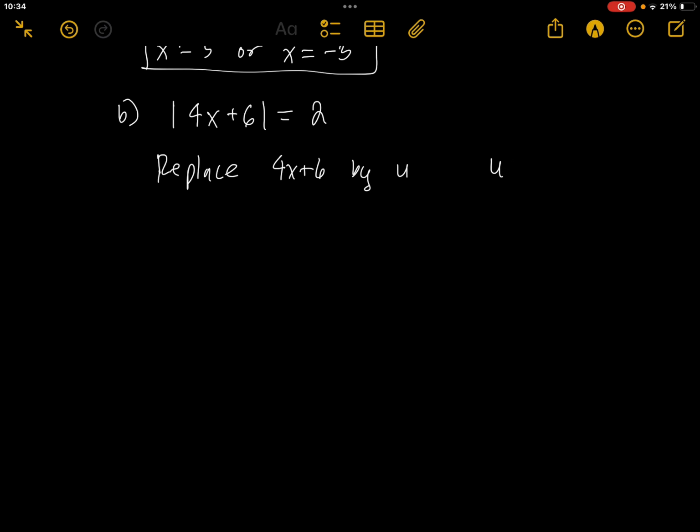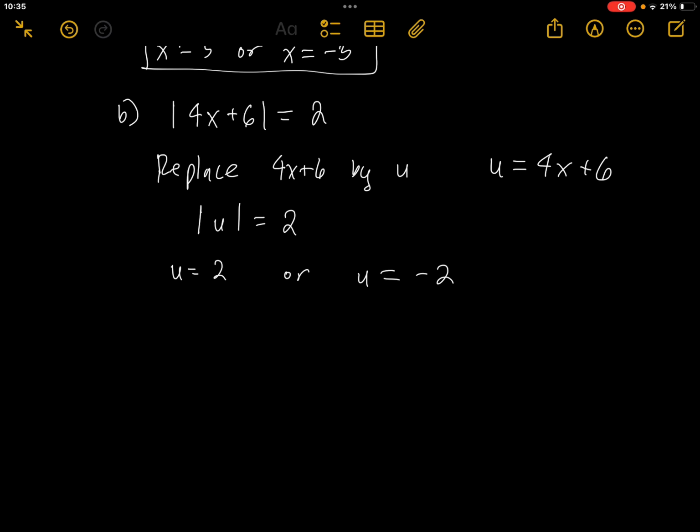So in other words, u is equal to 4x plus 6, and we're just changing the equation so that u is in the equation. Well, if you do that, you are going to get the absolute value of u equals 2. Well, if the absolute value of u is 2, what does that mean? That means that either u is 2 or u is negative 2.